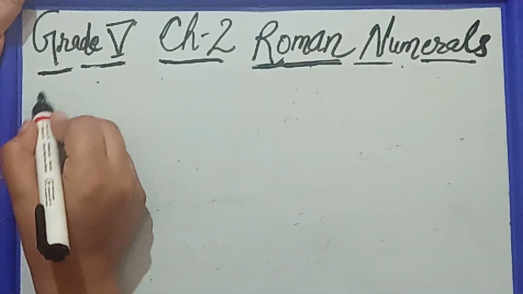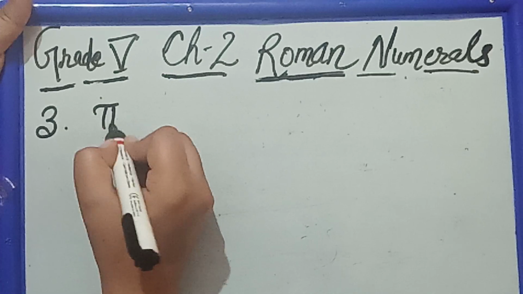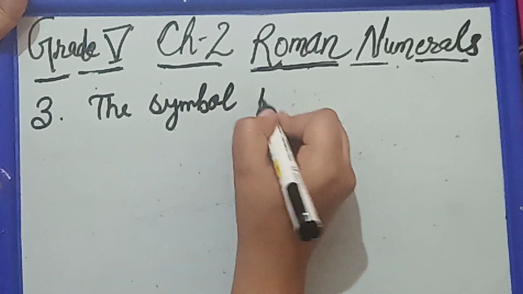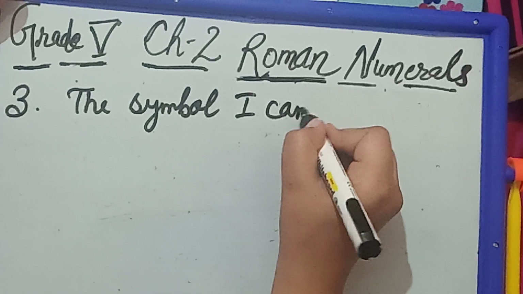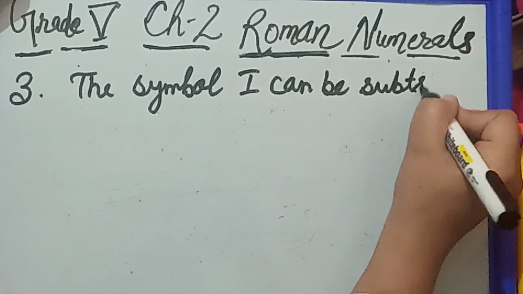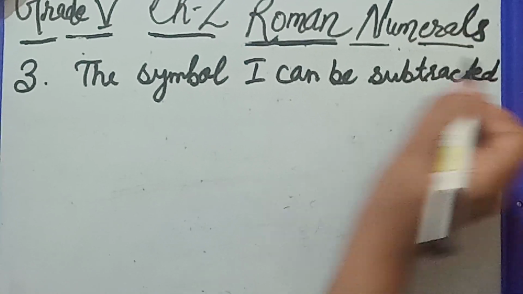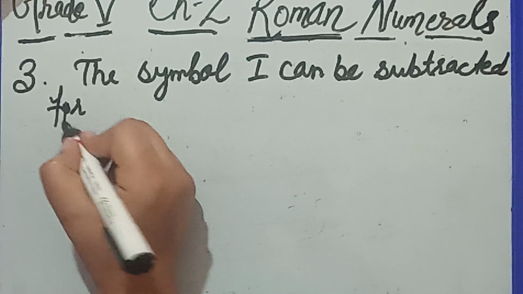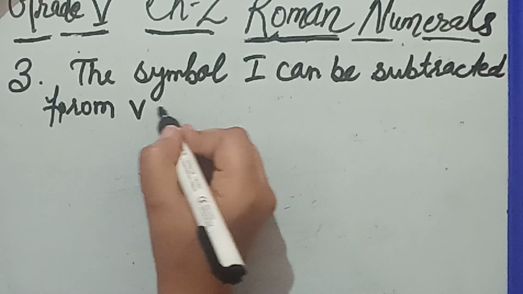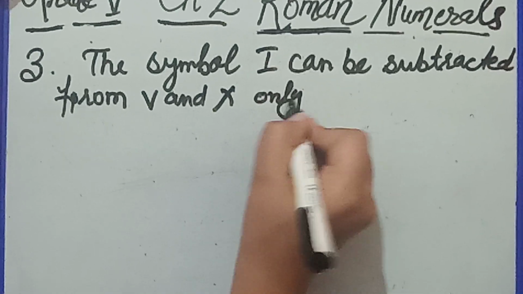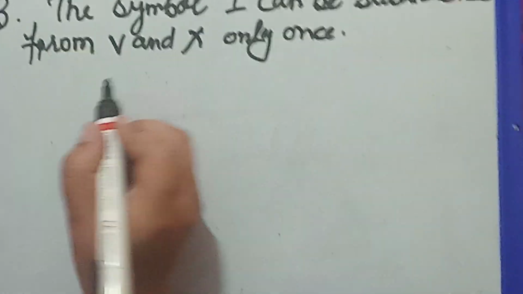Now the next rule is the symbol I can be subtracted from V and X only once.